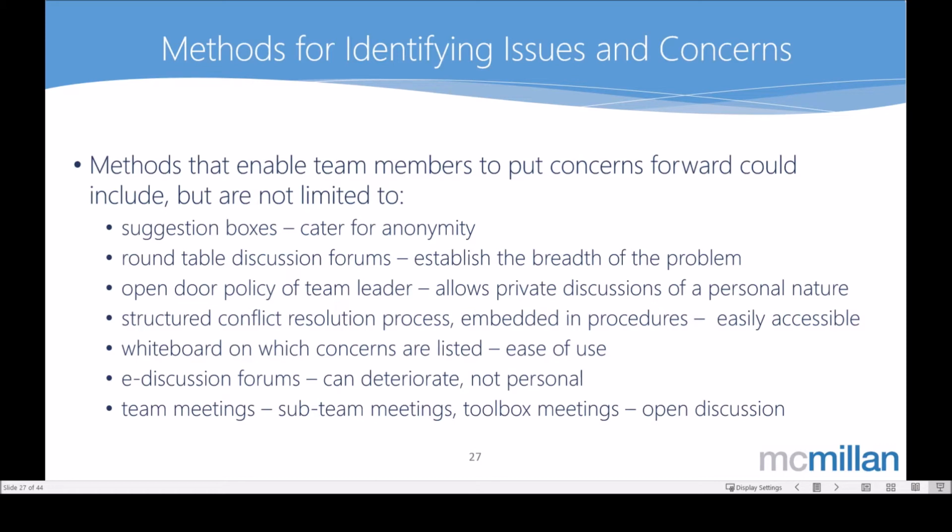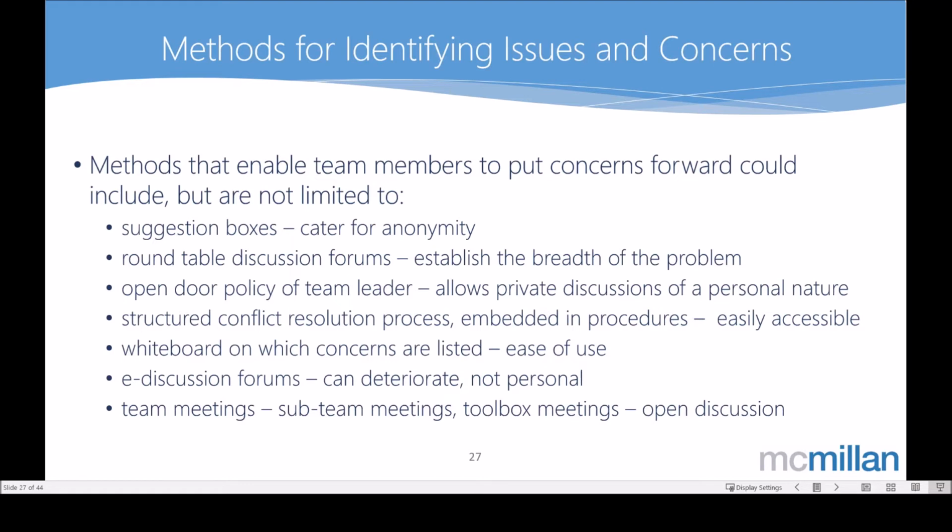So when we think about good, robust methods for identifying issues and concerns, the type of methods that we're talking about are things such as suggestion boxes, and they can be old school, a box in the corner. Although I'm not a big advocate for that, but the concept of suggestion boxes.